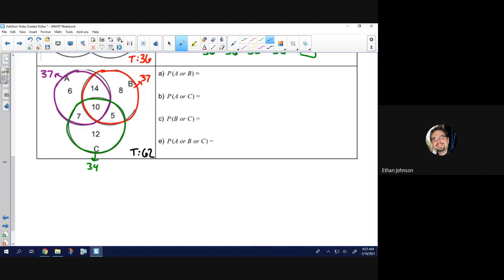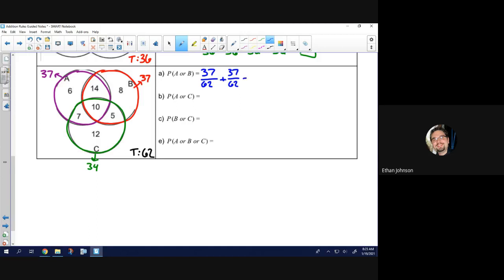Okay. For A, probability of A or B. Well, all of these have an overlap, so all of these are not mutually exclusive. So for A, probability of A would be 37 out of 62. Or means to add, probability of B would be 37 out of 62.